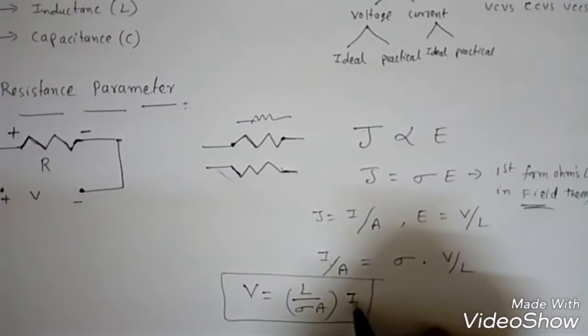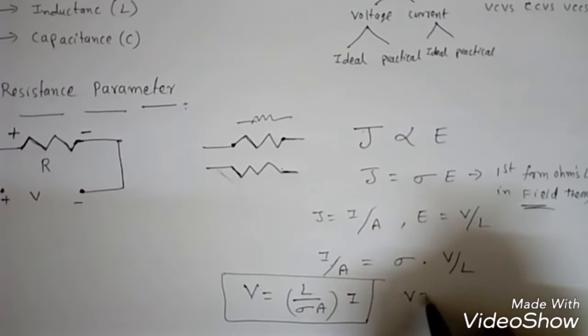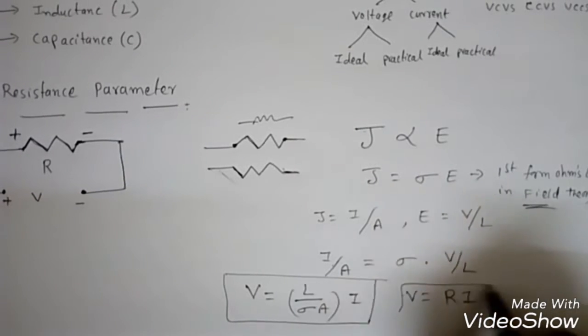If I replace L by sigma A with R, then V is equal to R into I.